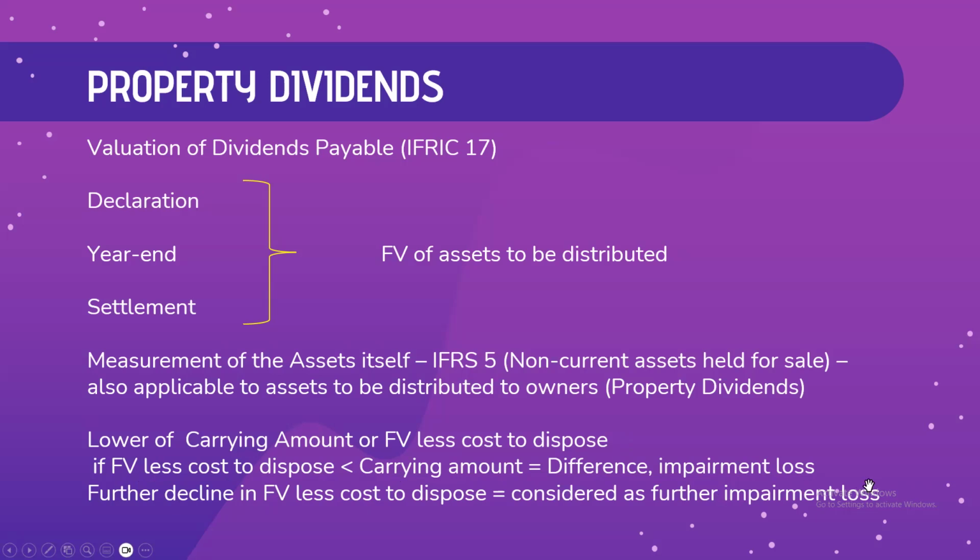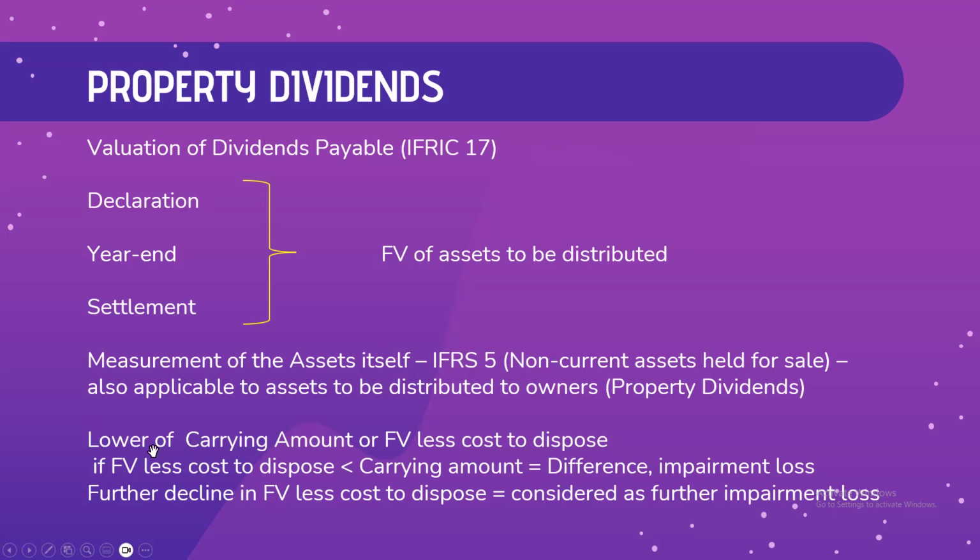We will repeat this in class, but at least we have problems to illustrate this concept. Let us reiterate that in order for us to put a value on those properties declared for property dividends, we have to consider the fair value of the assets to be distributed.